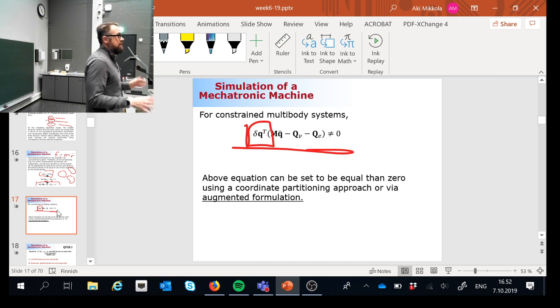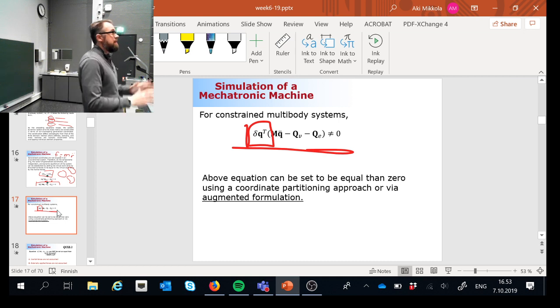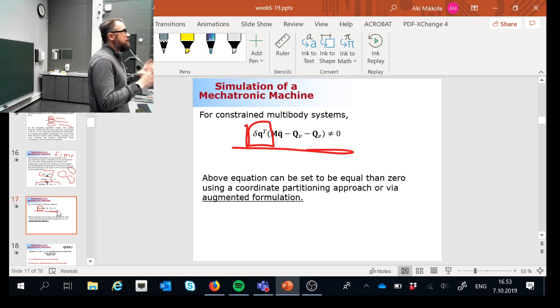That's why this equation cannot, in the general case, be set equal to 0. Now, again, this equation cannot be set equal to 0 because what I'm not accounting for here is constraints. The way this virtual displacement is expressed at the moment violates the constraint. So that's why, in the general case, I cannot set this to be equal to 0. You got it? Clear? Yes.